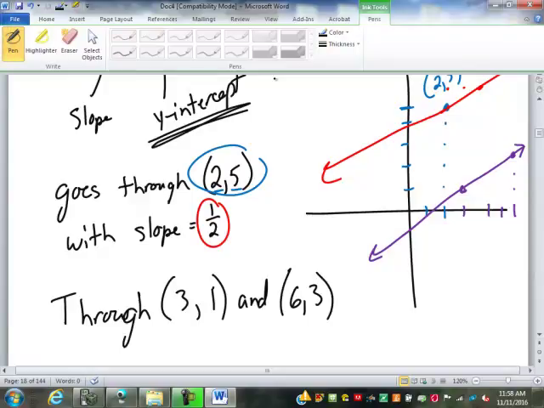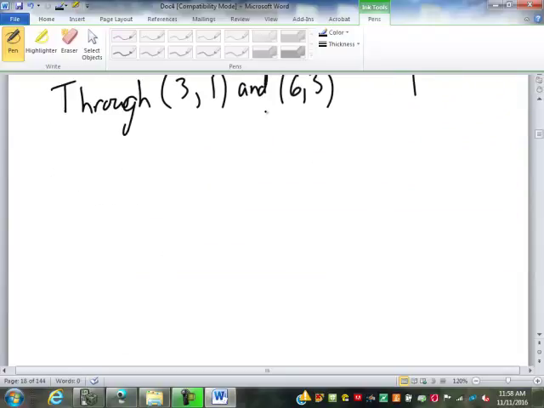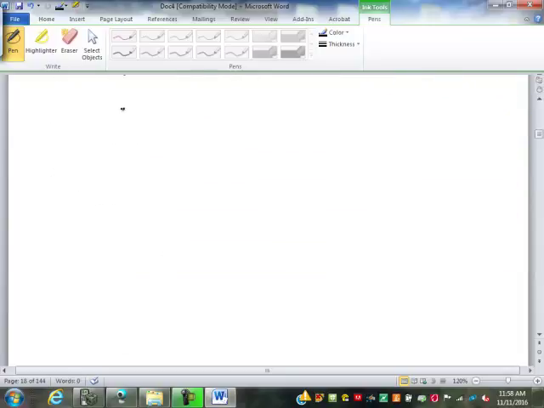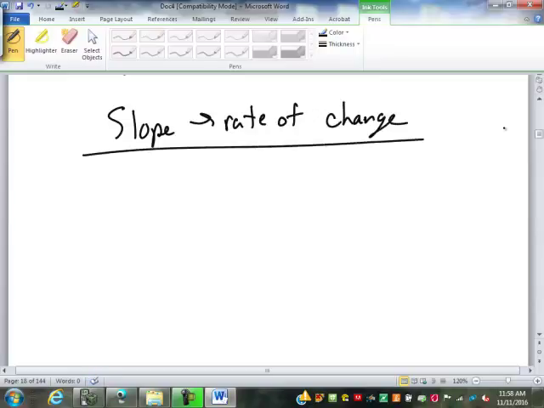Well, what do these all mean? Why are they important to you? Well, the slope is a rate of change. It is telling us how fast something is changing.